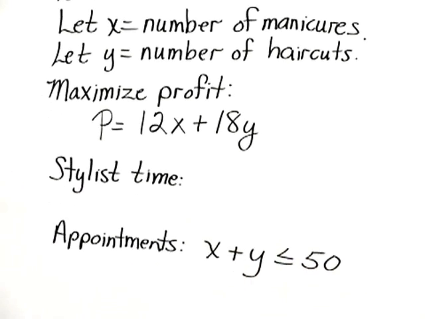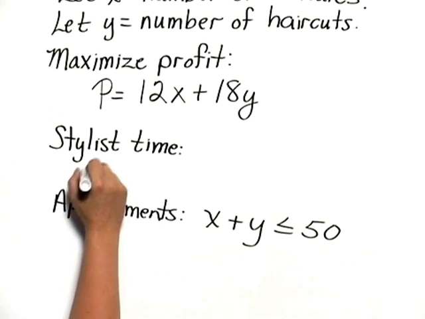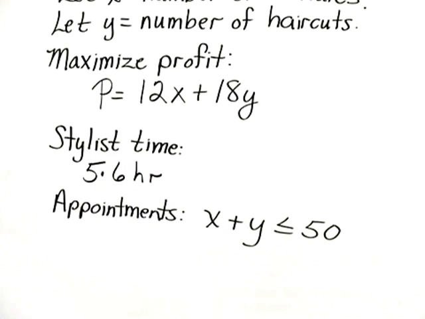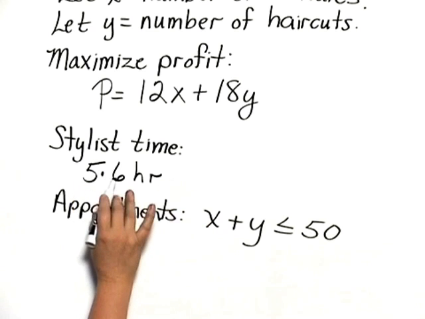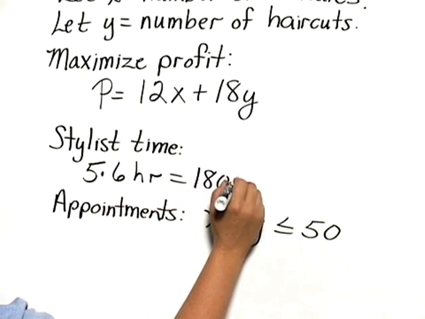For the stylist time, it's going to take a little more thought. There are 5 stylists, each of whom work 6 hours a day. So that would be 5 stylists times 6 hours. But we need to work in minutes because we're told how many minutes each manicure and each haircut takes. So instead of 6 hours, we'll use 60 minutes. So that gives us 5 times 6 times 60, which would be 1,800 minutes.